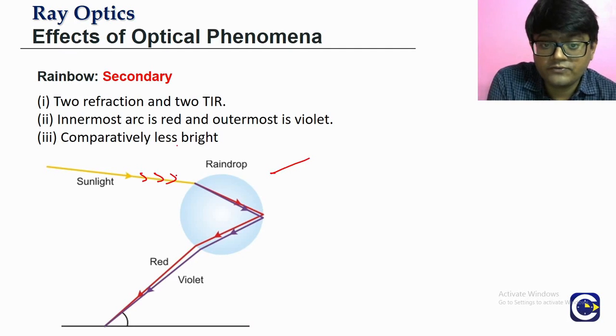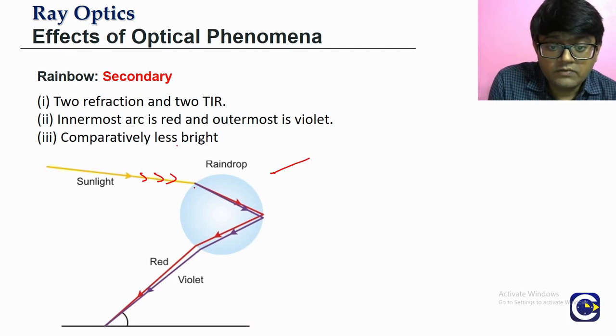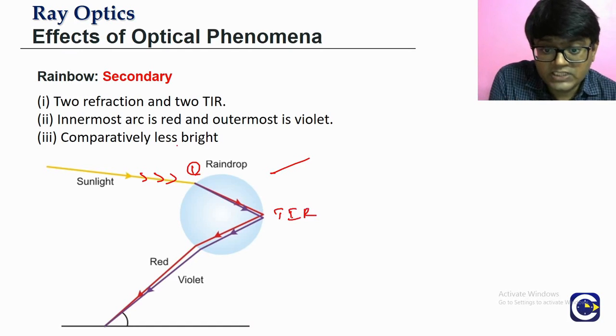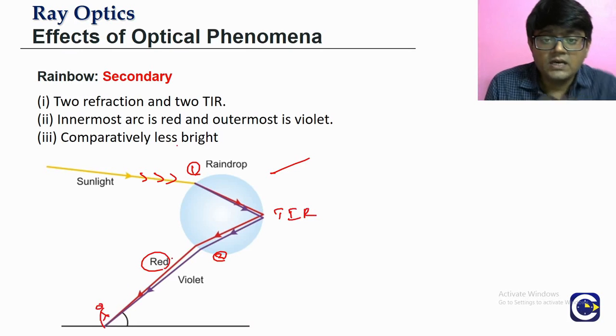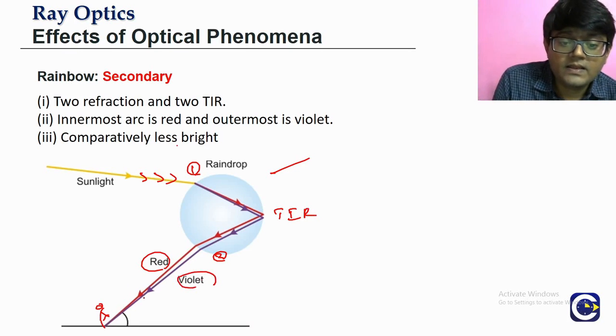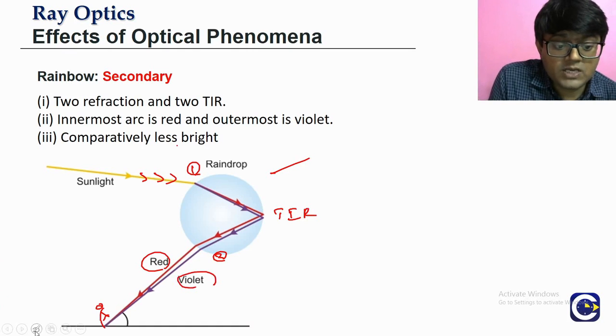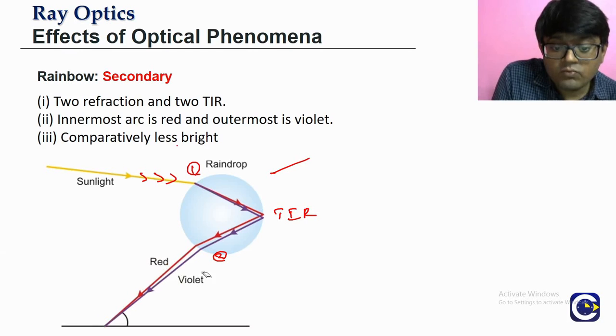Sunlight, which is a mixture of violet to red, will undergo refraction once, then total internal reflection, then refraction twice. So we, the observers, will see that red will be the outer layer and violet will be the inner layer. This is the primary rainbow formation, which happens because of 2 refractions and 1 total internal reflection.